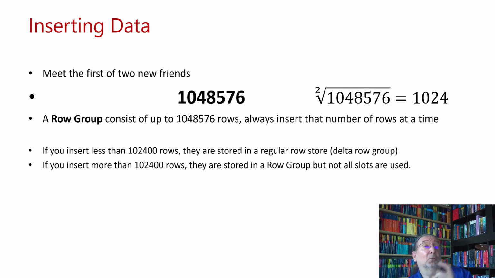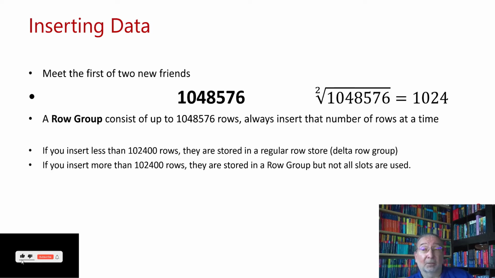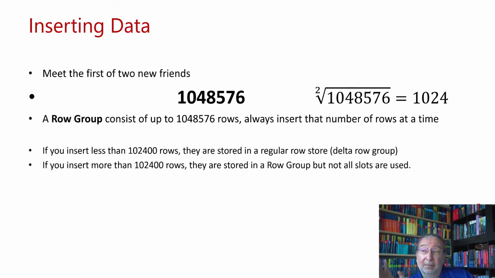All I have to do is store one of them, and remember, it's the same everywhere. Yeah? But if you only insert like 500,000 rows, you need two of these entries. So it takes longer to process. So long story short, the ideal way is to insert the whole row group in one go if possible.